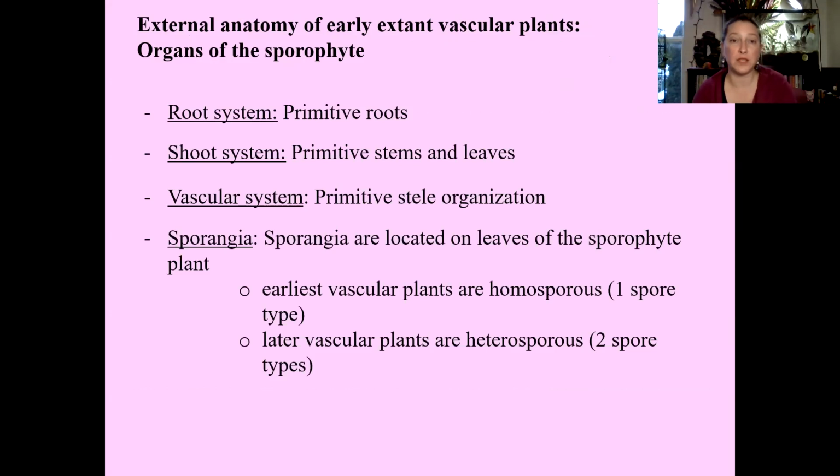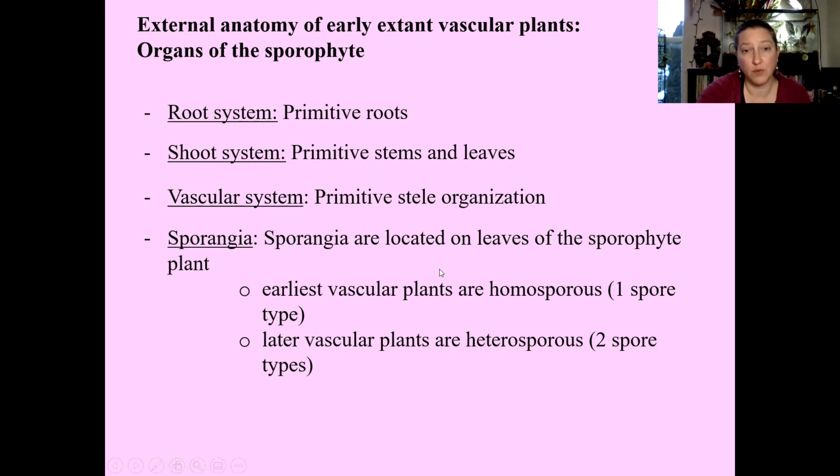Right, so primitive root system, primitive stems, primitive leaves, primitive vascular system, meaning that the organization of the vascular tissue is kind of basic. So when I say primitive here, I mean basic. I mean you're looking at stuff that's like the very beginning of a thing that then went on for millions of years and evolved and changed. This is kind of like the basic ones, right? More primitive.